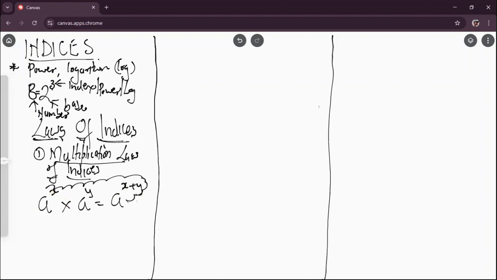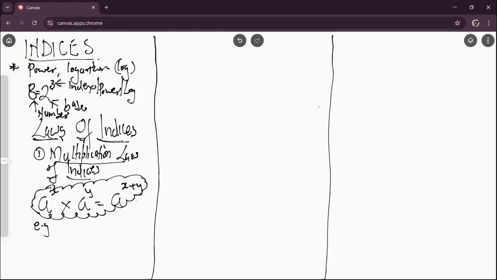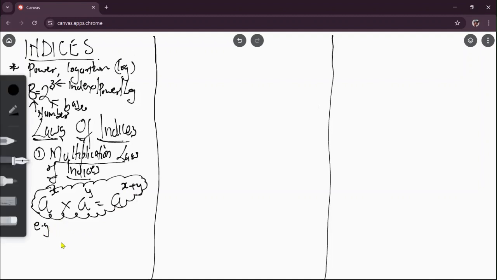So this one is the law of multiplication of indices. For example, I can have a number like 3 power 2, multiplied by 3 power 3.